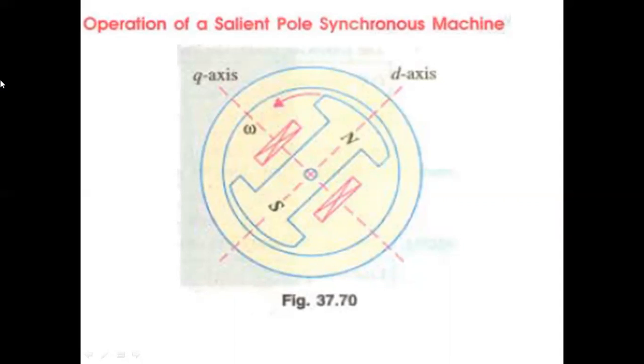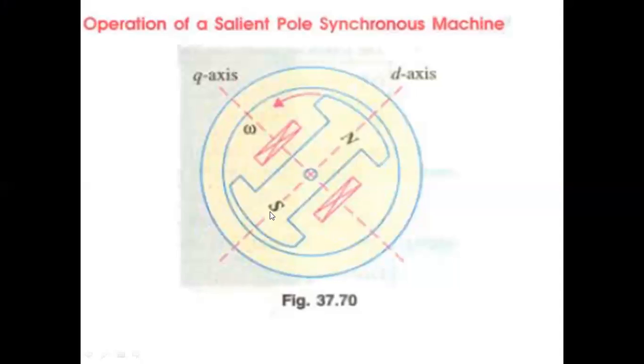What does that mean? The first one is the field pole axis, called the direct axis or D axis. And the second one is the axis passing through the center of the interpolar space.